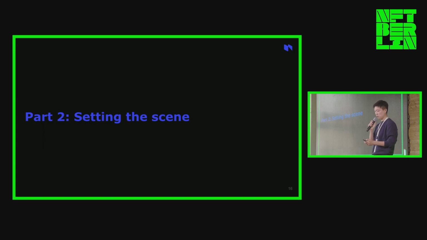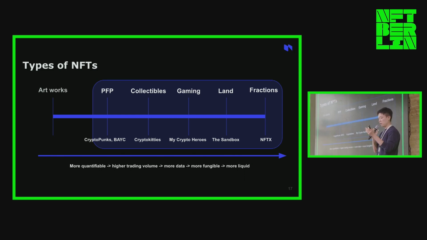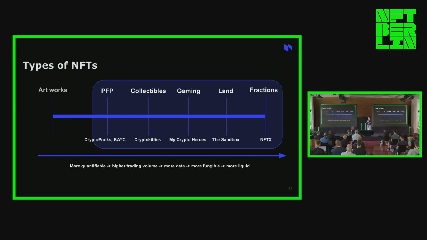So before jumping into the valuation stuff, let's set the scene. There are different types of NFTs. On the left, we have artwork, and then PFP, collectibles, gaming, land, and also fractionalized NFTs. Going from artwork to fractionalized NFTs, it's more quantifiable, with higher trading volume, more data, more fungible, and more liquid.